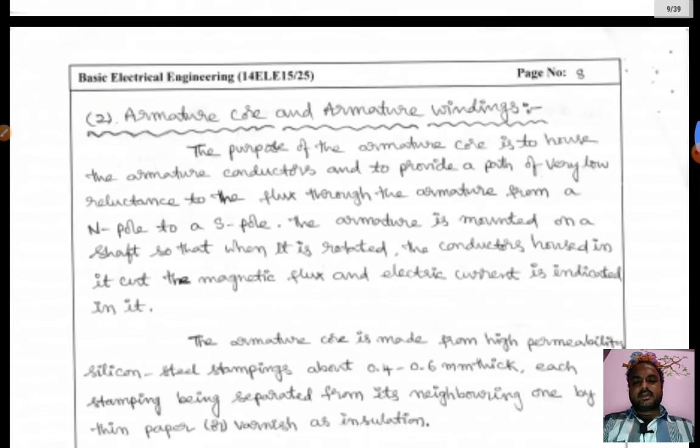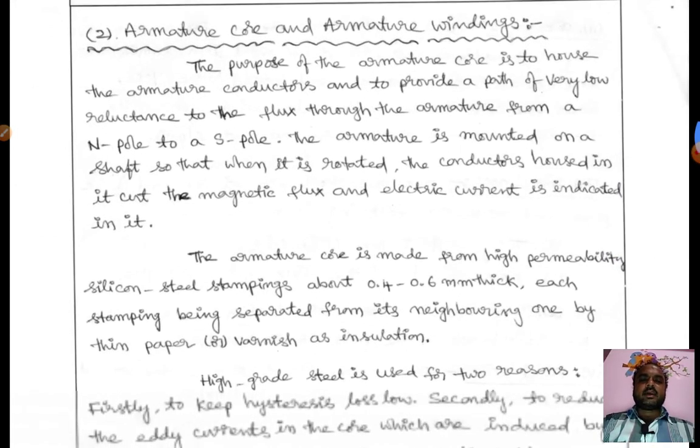Next we will see the armature core and armature winding. The purpose of the armature core is to house the armature conductors and to provide a path of very low reluctance to the flux through the armature from a north pole to a south pole.